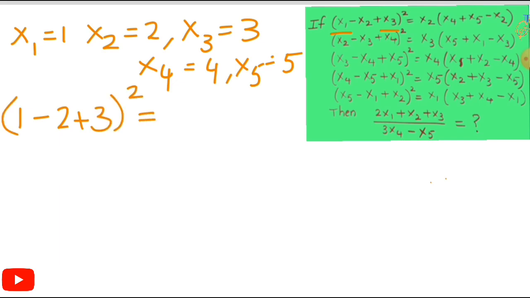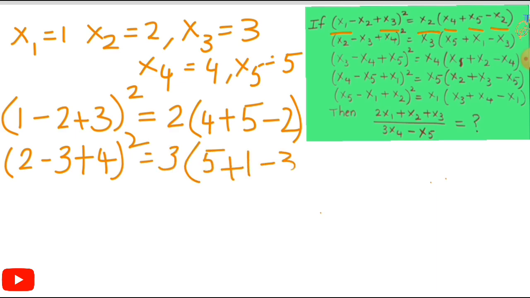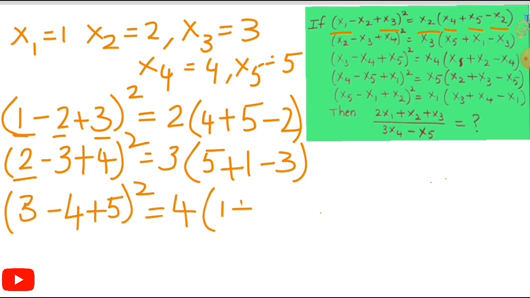That is equal to x2, so 2 times x4 which is 4, plus 5, minus 2. Similarly, if you write the remaining equations, you can see this is (2 - 3 + 4) whole square, equal to 3 times (5 + 1 - 3). Equation three: (3 - 4 + 5) equal to 4 times (1 + 2 - 4). Similarly, the remaining.